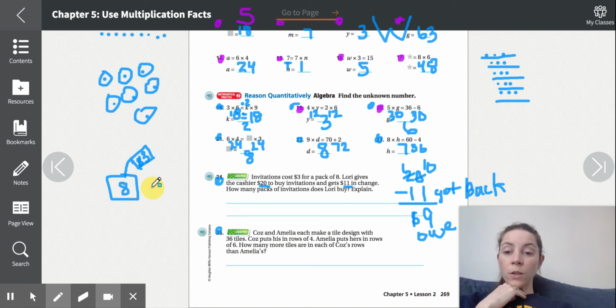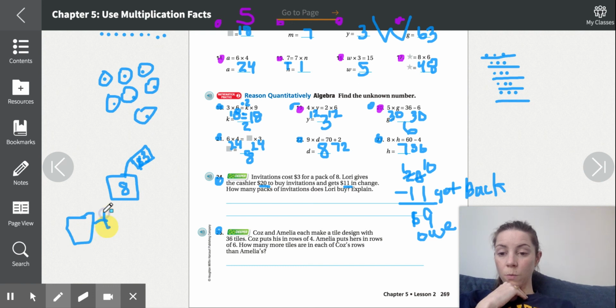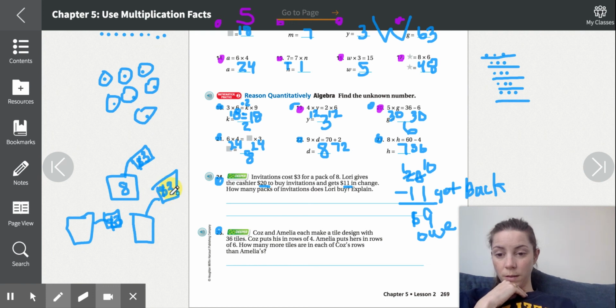So I know that she has to get to $9. One pack is $3. Two packs would be $6. And she's spending $9. Right? $3, $6, $9.